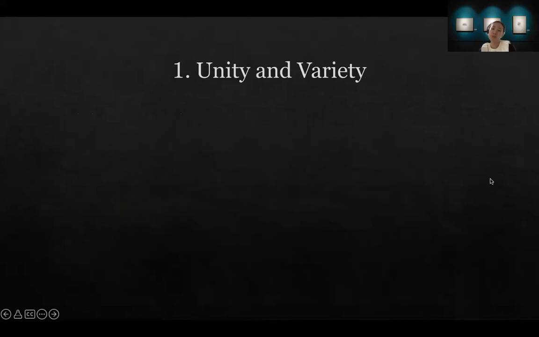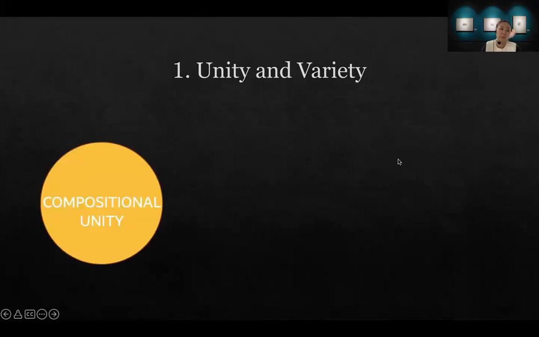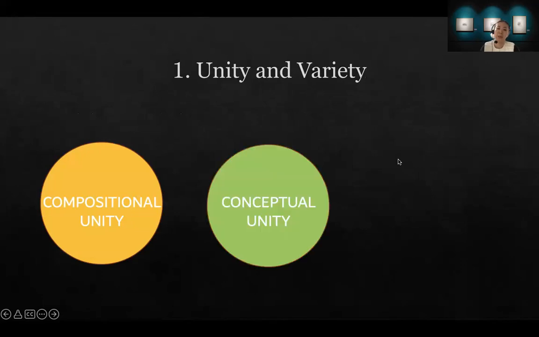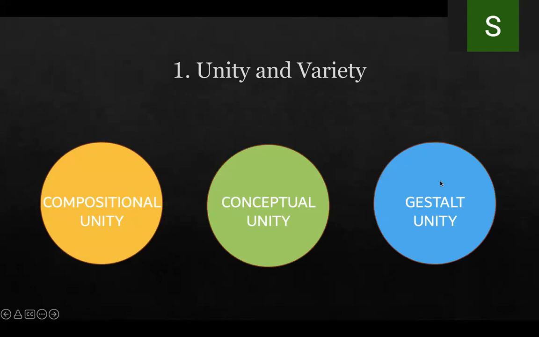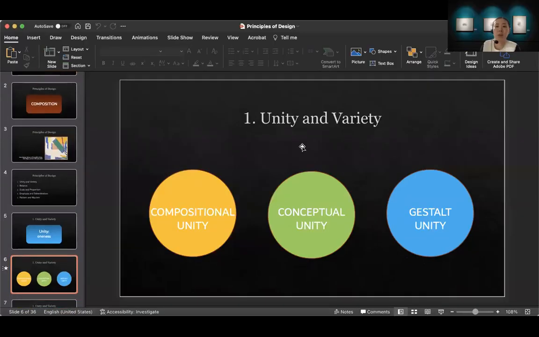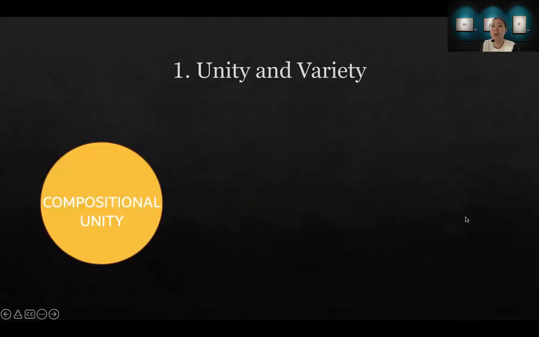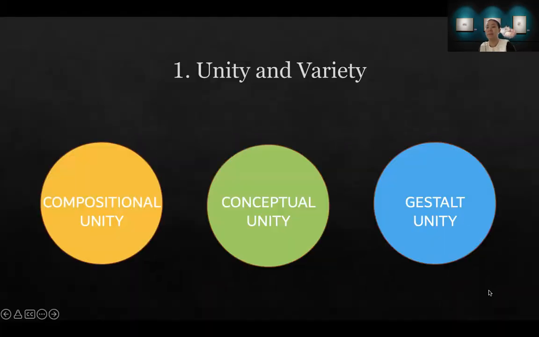And there are 3 types of unity. The first one is compositional unity, the second one is conceptual unity, and the last one is gestalt unity. So let's see them one by one.